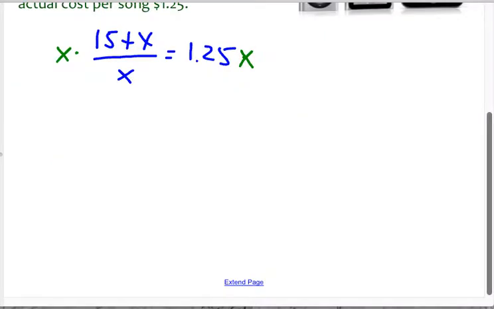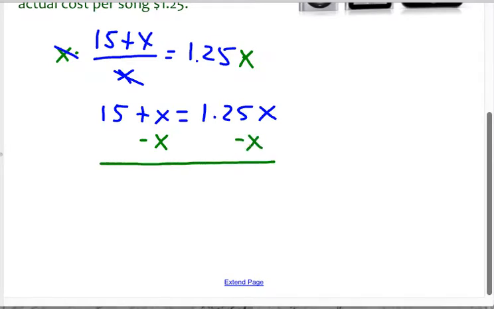But anyway, the x's cancel out and I get 15 plus x equals 1.25x. I'm going to get all my x's on one side, so I'm going to subtract x from both sides, and I get 15 equals 0.25x.